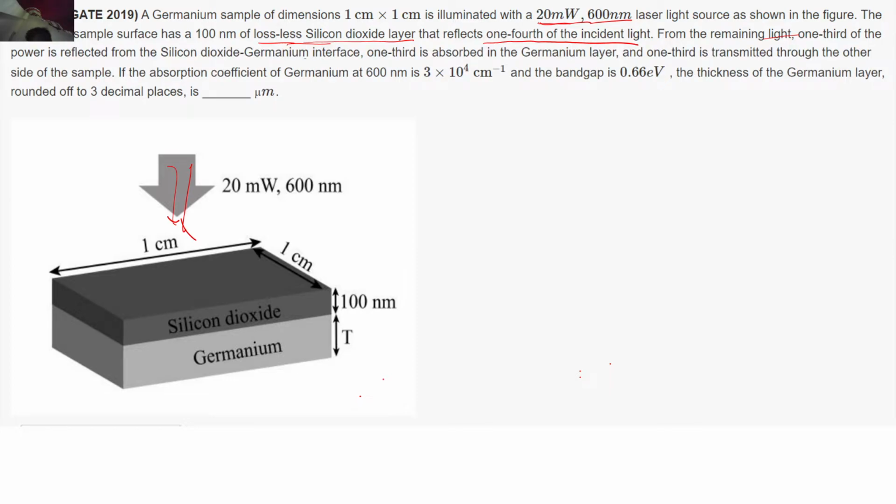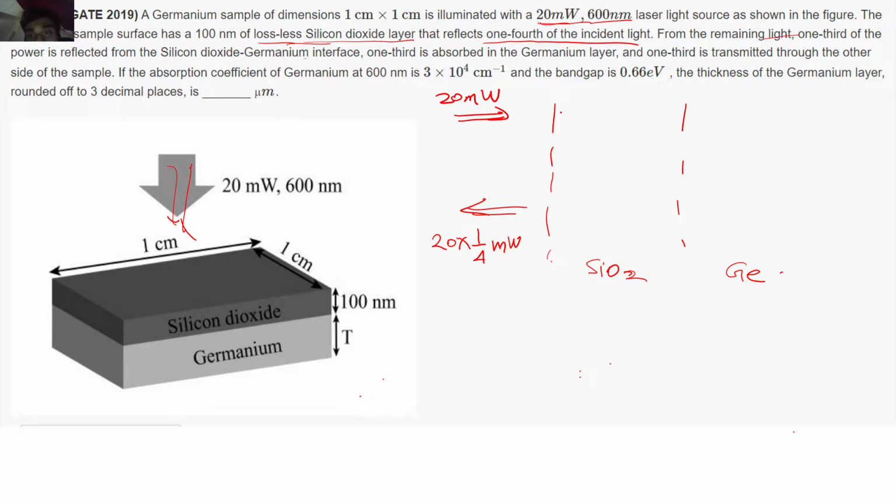Let me just draw an easy diagram over here. So the 20 milliwatts was coming from here, right? Now what they have given is that 1/4 of the power will be reflected the moment you hit the SiO2 surface. This is SiO2, this is germanium, right? So now 20 into 1 by 4 milliwatts will be reflected back, right?